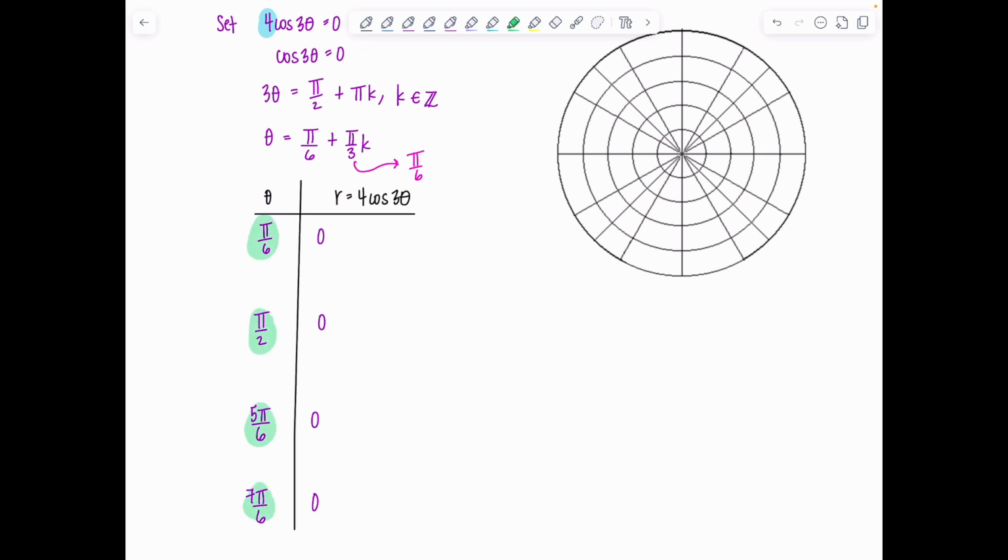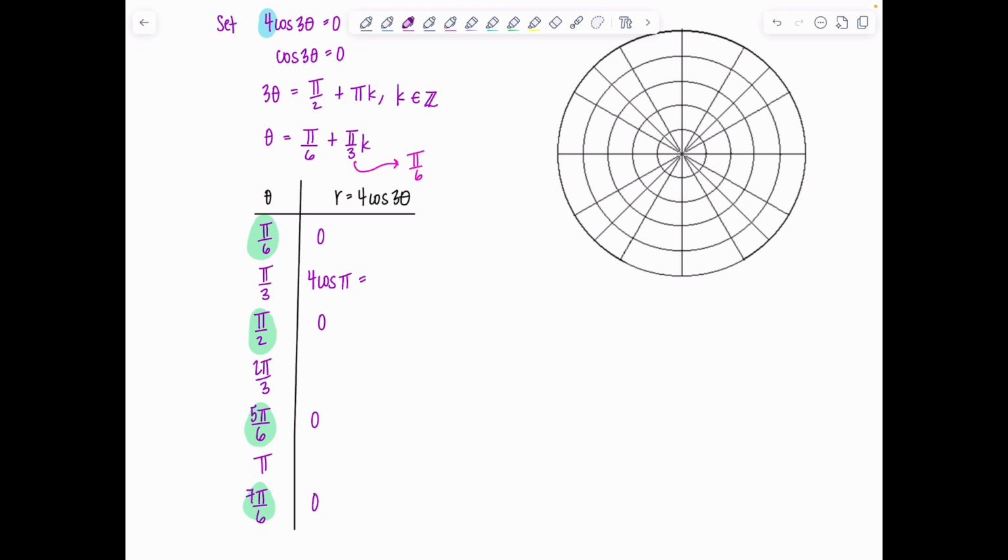So pi over 6 plus pi over 6, that's 2 pi over 6, aka pi over 3. And then pi over 2 plus pi over 6 is going to be 4 pi over 6, so 2 pi over 3. 5 pi over 6 plus pi over 6 is just pi, okay? Now, we do have to check though whether they're positive or negative values, so let's see. So pi over 3, 4 times cosine of 3 times pi over 3, that's 4 times cosine of pi.